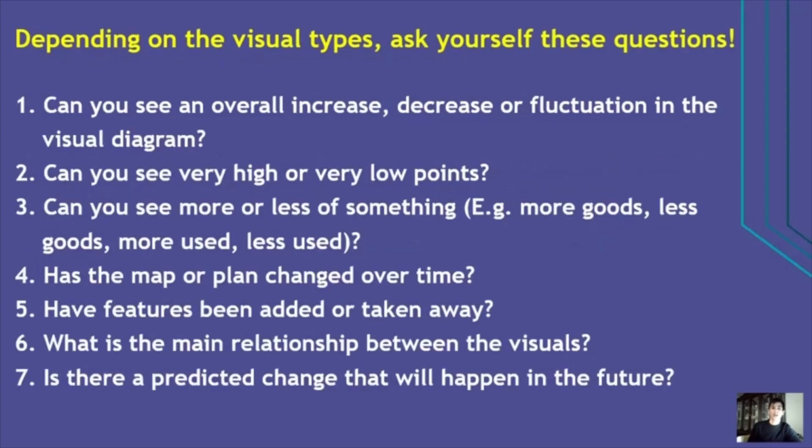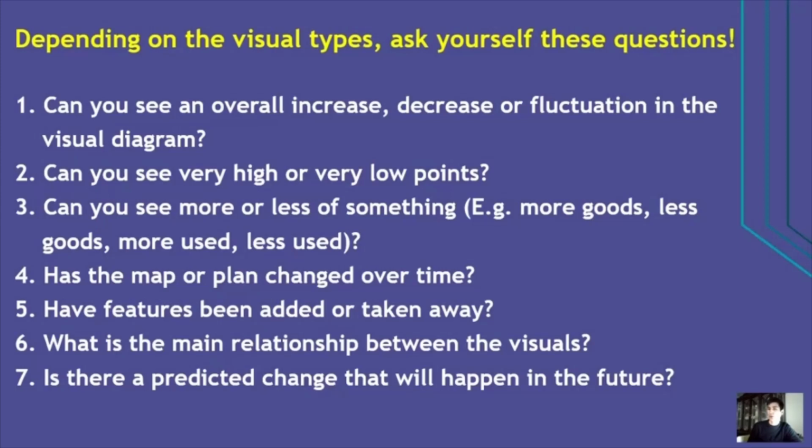So here, depending on the visual types, ask yourself these questions. Can you see an overall increase, decrease, or fluctuation in the visual diagram? If yes, please highlight them and pick them as your main feature. Can you see very high or very low points? If so, just choose them. Can you see more or less of something?